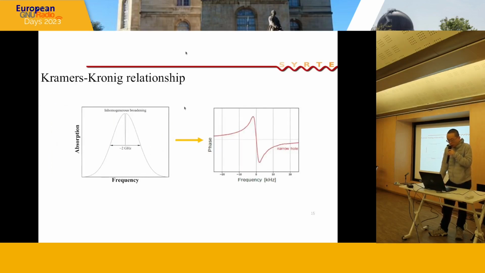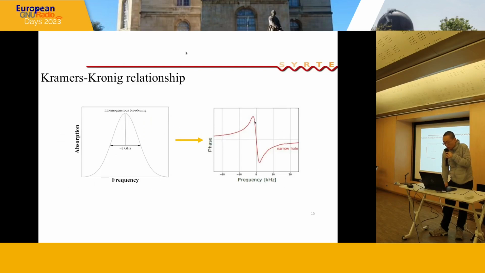And here is the Kramers-Kronig relationship, which is very important for us to extract the frequency change information. As you can see here, this is the spectrum hole. When light with different frequencies passes through this spectrum hole, the phase of the light will change like this.